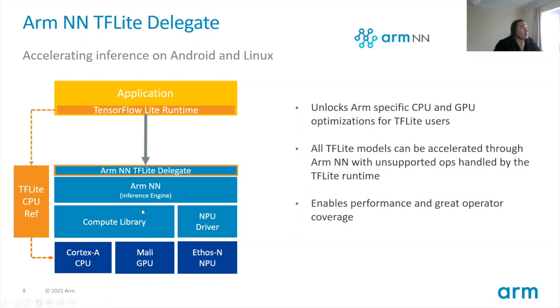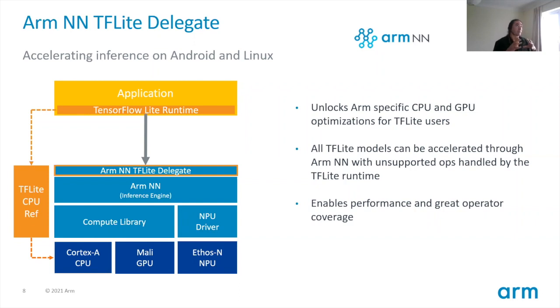The TFLite interpreter runs in 2 stages. First of all, it asks the delegate which operators it runs, and then partitions up the graph into subgraphs, the ones that will run on the delegate and the ones that TFLite will run, the ones that have operators that aren't supported. So the delegate gets handed not operator by operator, but a subgraph of the overall model.